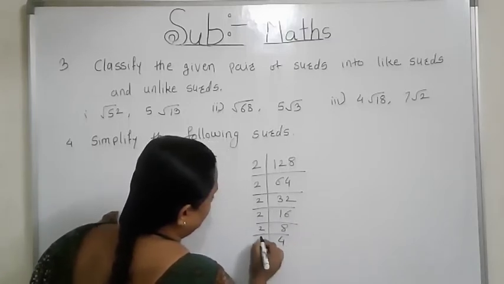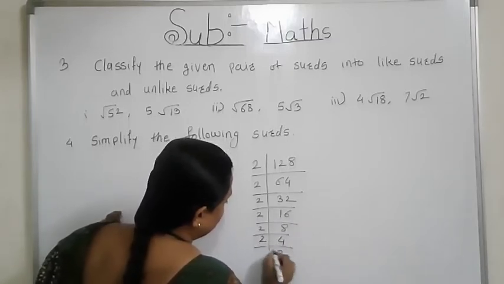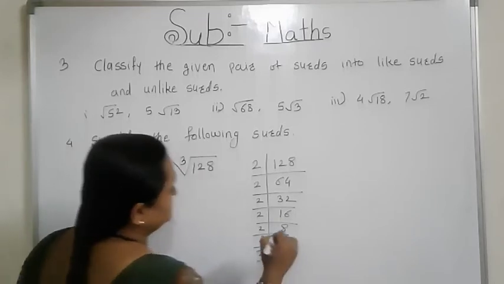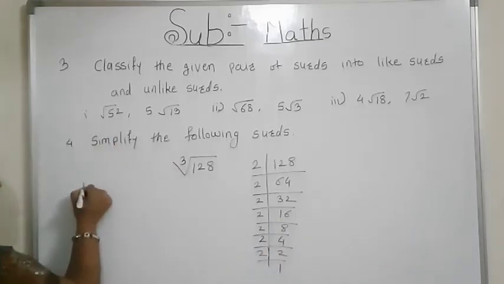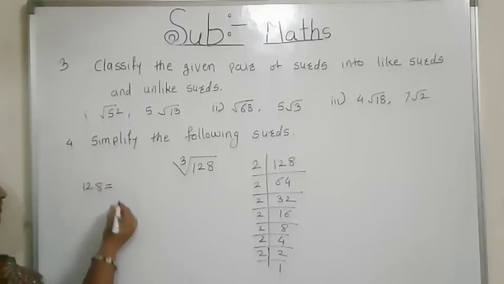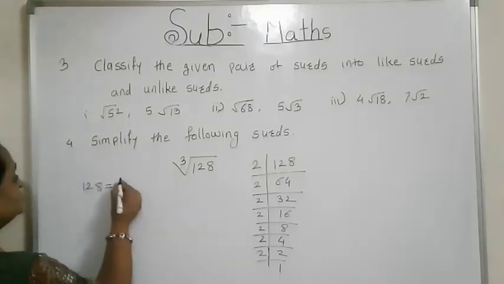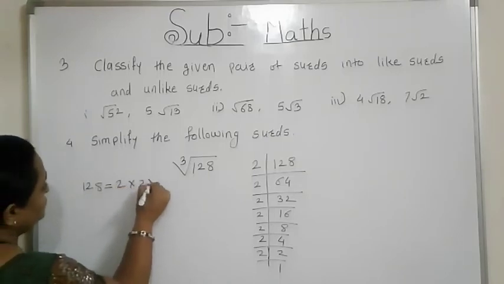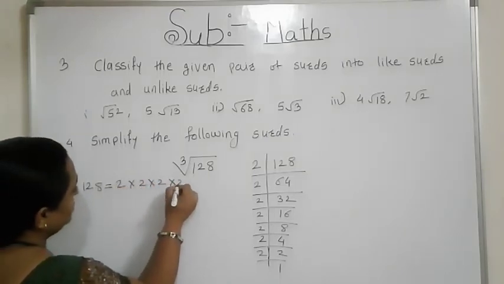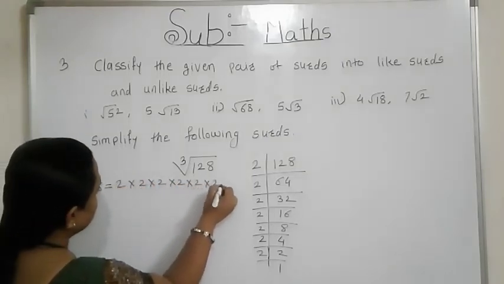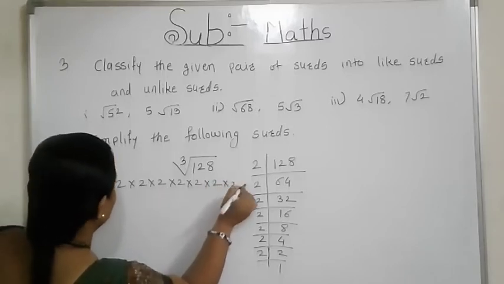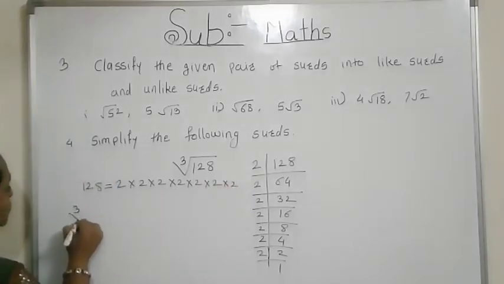Divisible by 2, 4. Again 2, 2, 2 and then 1. Means 128 can be written as 7 times 2 multiplied together.